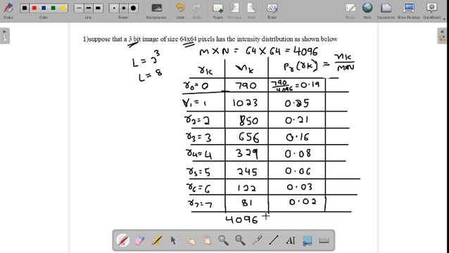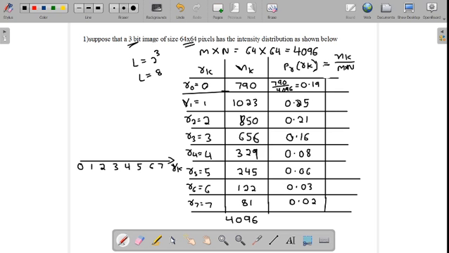Already you know that in a histogram, along the x axis we will have rk. It will start from 0. How many levels are there? 8 levels: 0, 1, 2, 3, 4, 5, 6, 7. These are the levels rk.